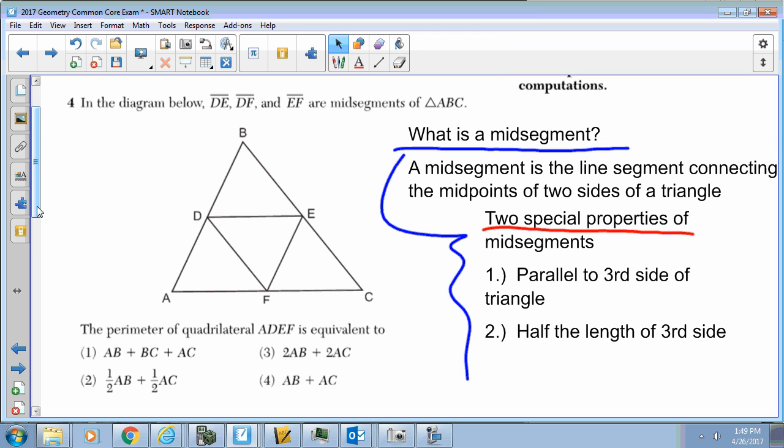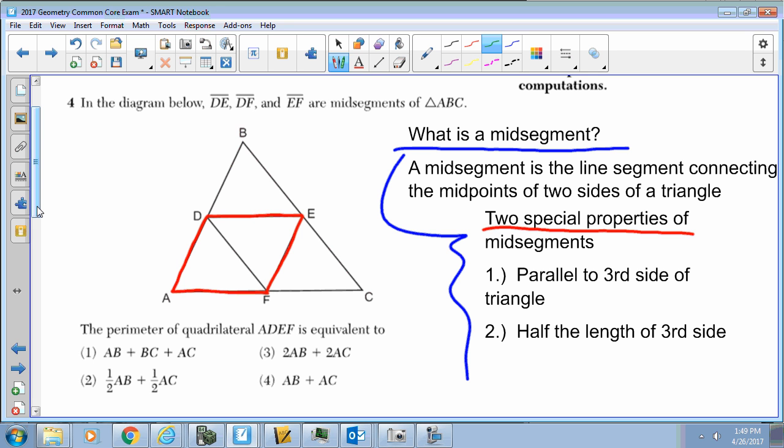It says the perimeter of quadrilateral ADEF is equivalent to one of the following. Well, let's identify ADEF, right here, like that. What's the perimeter of that? What we have to understand is that that's four sides.